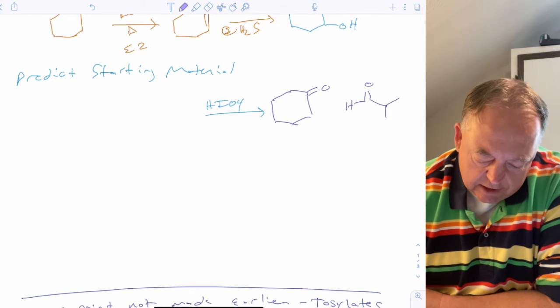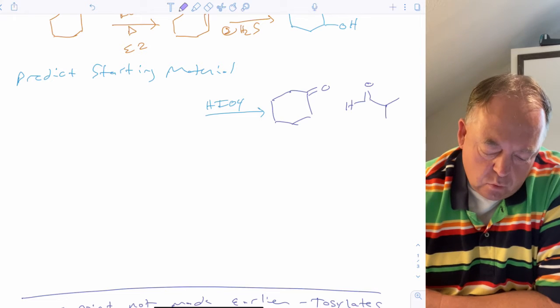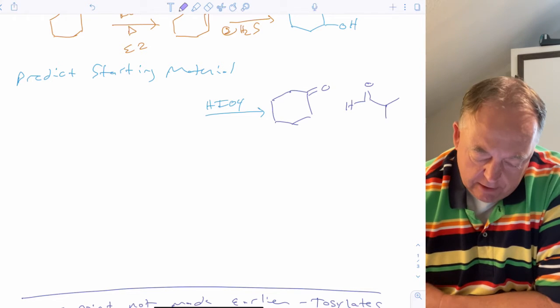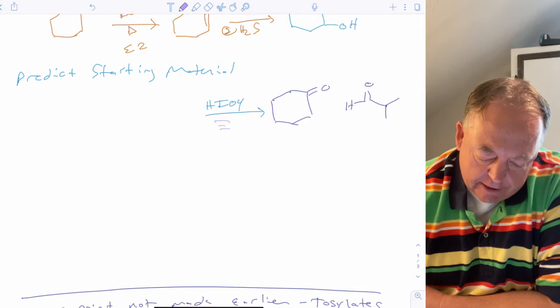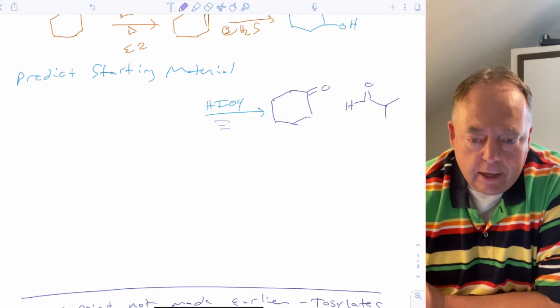Okay, so let's take a problem like this. Let's work backwards. So if I give you the products, then predict what was the starting material. So here, HIO4, the only time that you've seen this reagent is to oxidize a 1,2 diol.